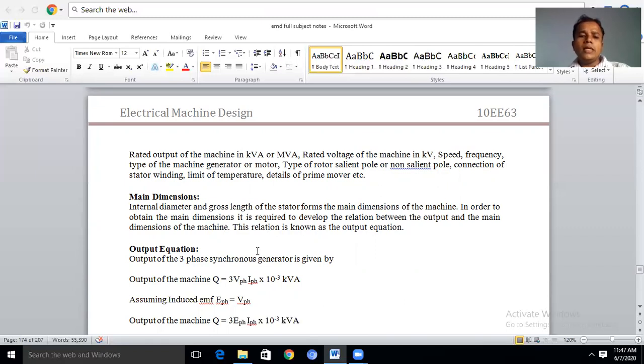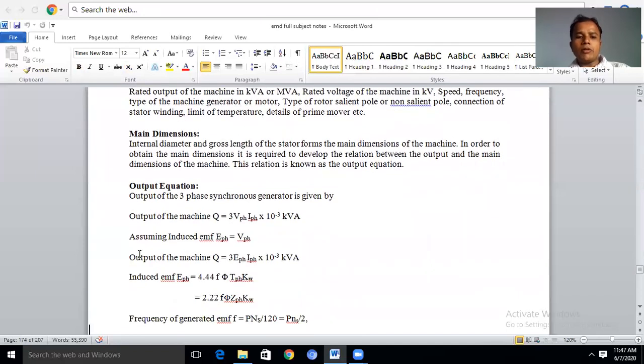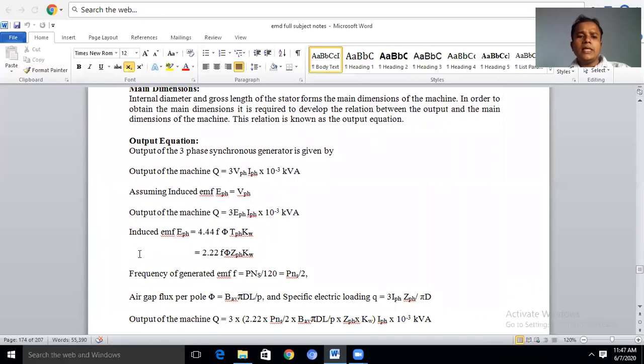Hence we need to derive an expression for the output equation of a synchronous machine. And please remember, the output equation of the synchronous machine is the same as that of the three-phase induction motor.